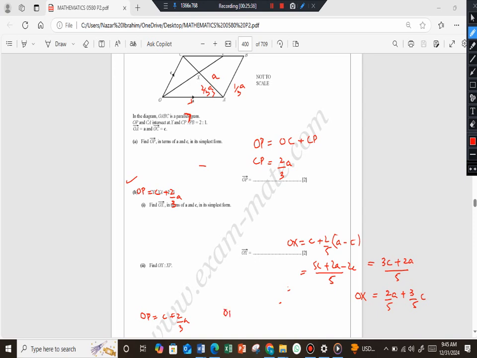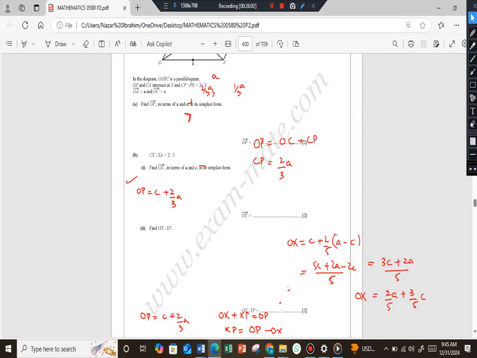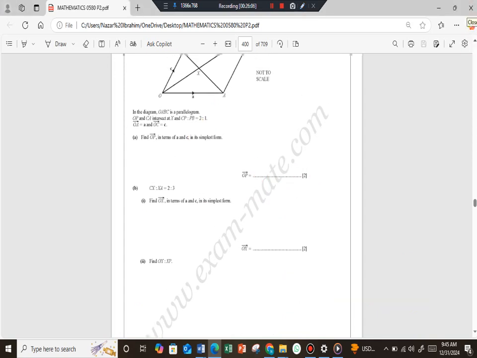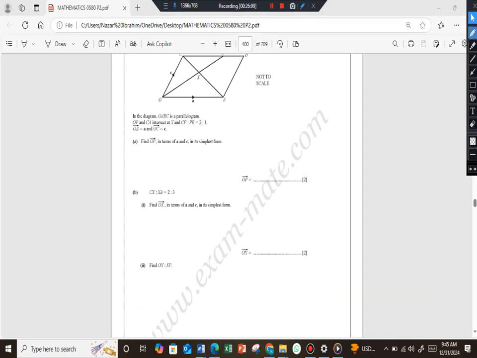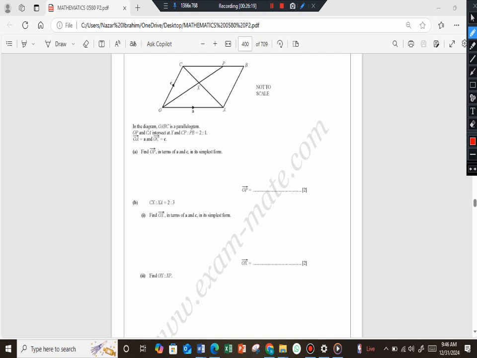OX plus XP is equal to OP, so XP, which I need to calculate, is equal to OP minus OX.